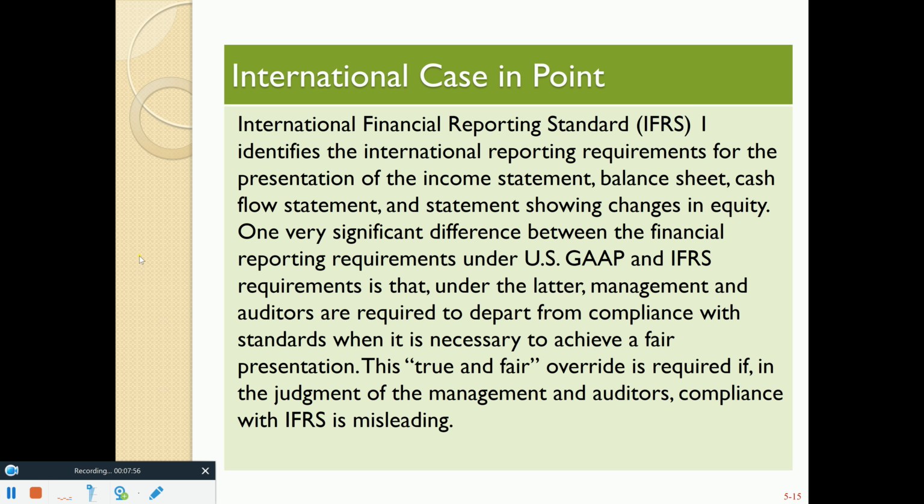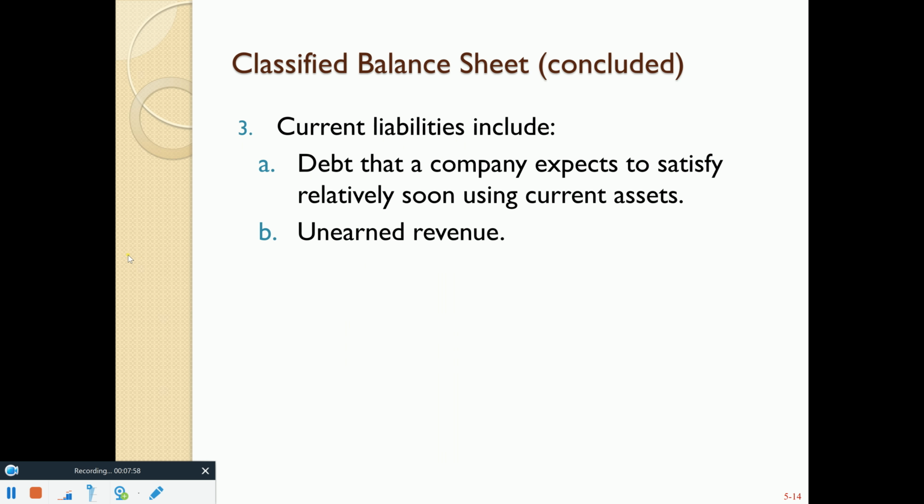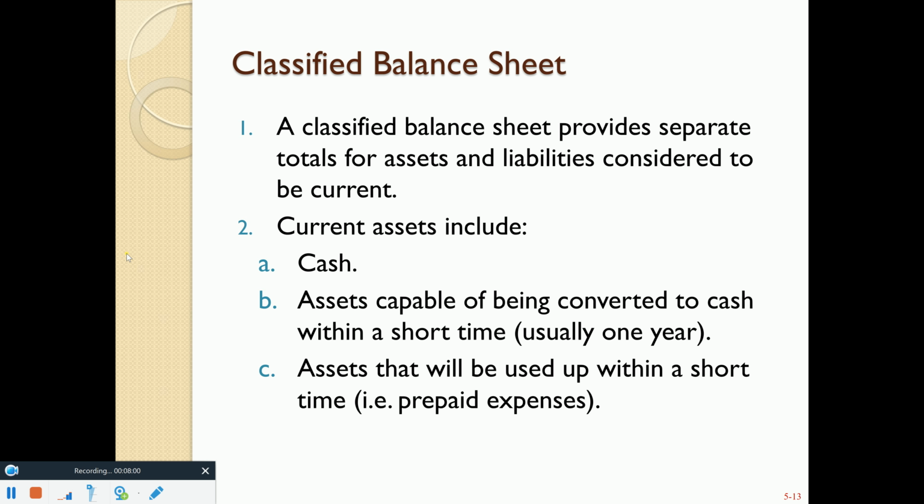Okay, the balance sheet gets classified. Basically, what we're going to do is take our assets and break them up into two subsections: current assets and non-current assets. The current assets include anything that's cash or basically converted to cash or used up within a year.